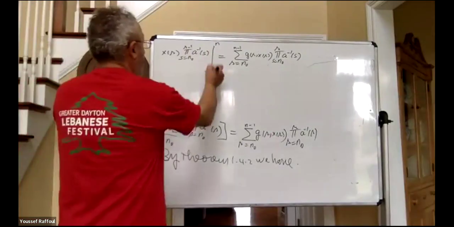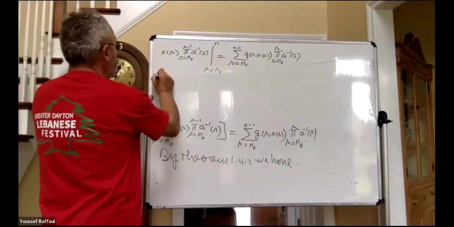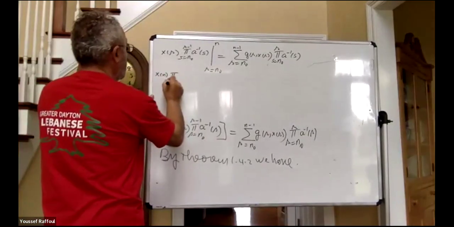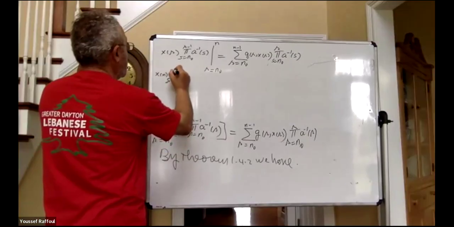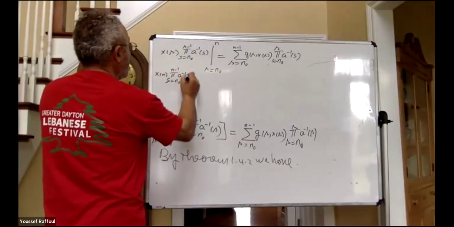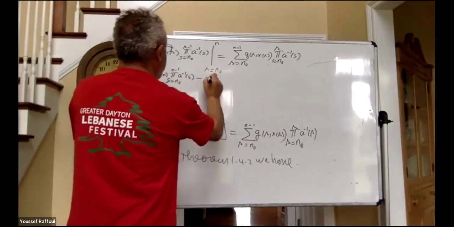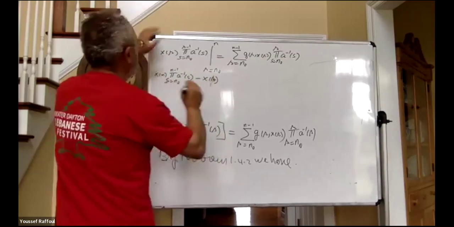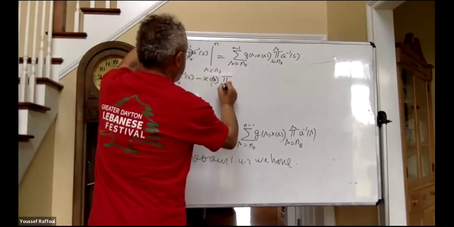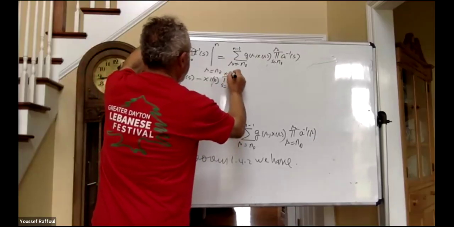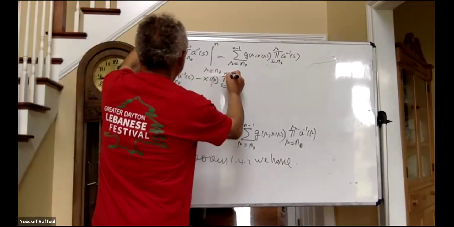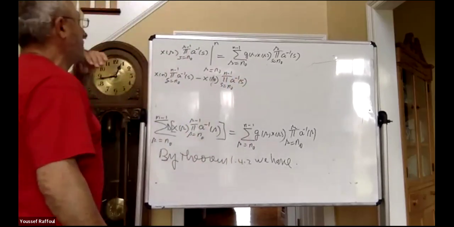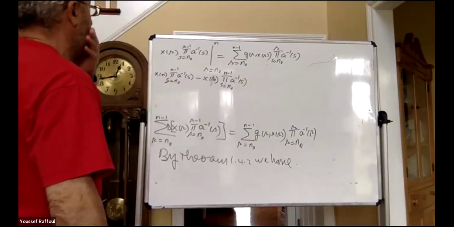Well, replace r with n. So you get xn, the product of s equal n naught to n minus 1 of a inverse of s, minus x of n naught, the product s equal n naught to n naught minus 1 of a inverse of s. Okay?